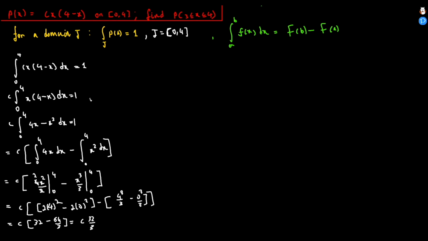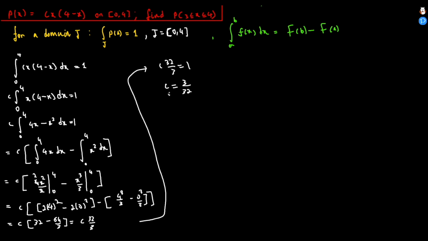Okay, and we know this whole thing equals 1, right? So we know that c times 32 over 3 has to equal 1, therefore c is 3 over 32.